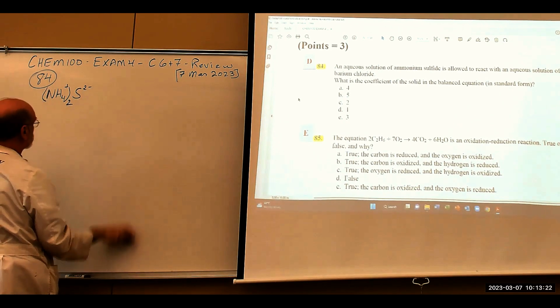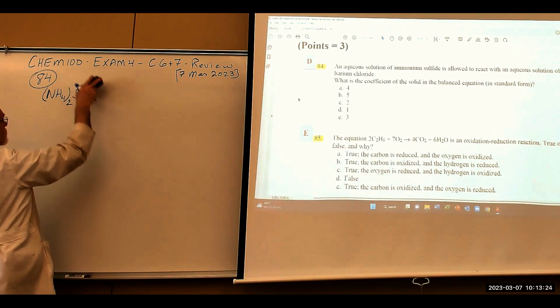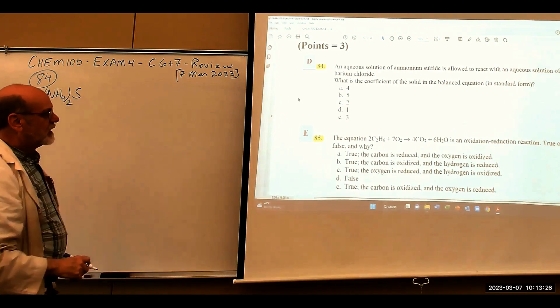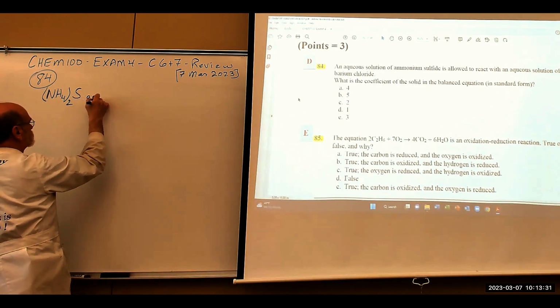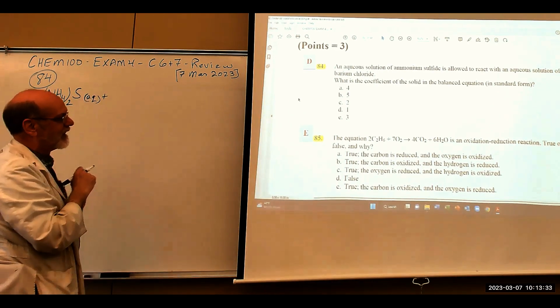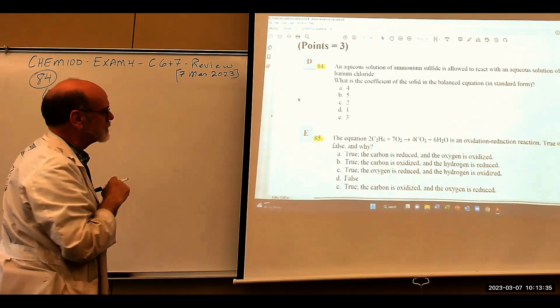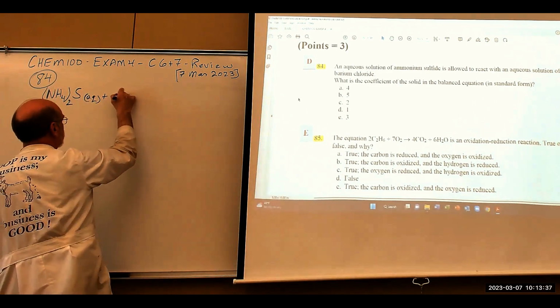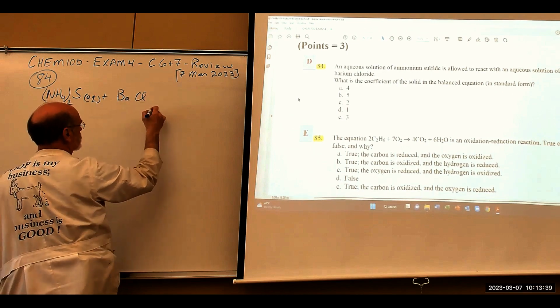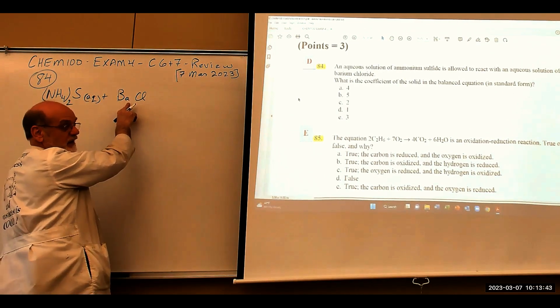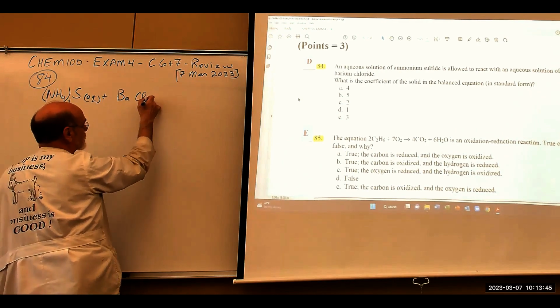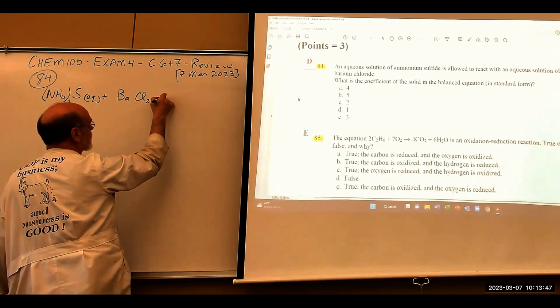That's the correct formula for ammonium sulfide, and it's in aqueous solution. We allow it to react with an aqueous solution of barium chloride. Barium is a 2+ charge because it's an alkaline earth. That means chloride has to have a 2 there, and that's aqueous.